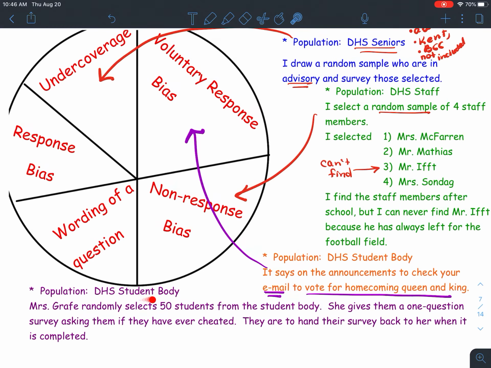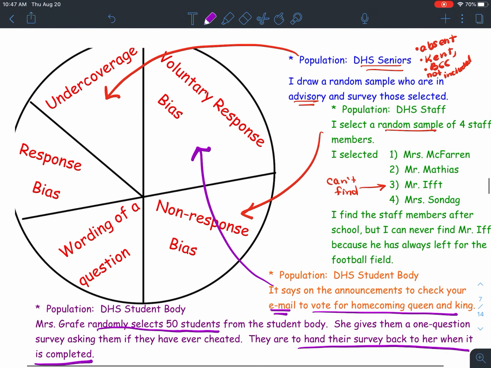And then the last one here, the population again will be the Dover High School student body. Here it says Mrs. Grafe is randomly going to select 50 students from the student body. So this is good that she is randomly choosing them. But it says here she gives them a 1-question survey asking them if they have ever cheated. Then they are to hand their survey back to her when they finish it.